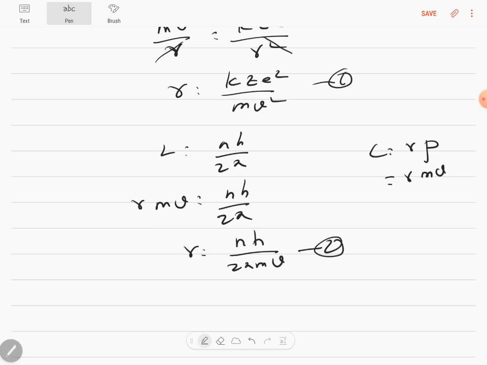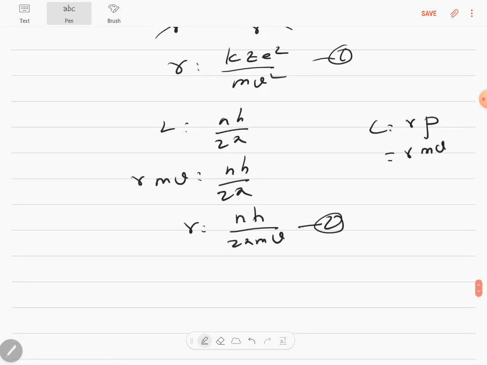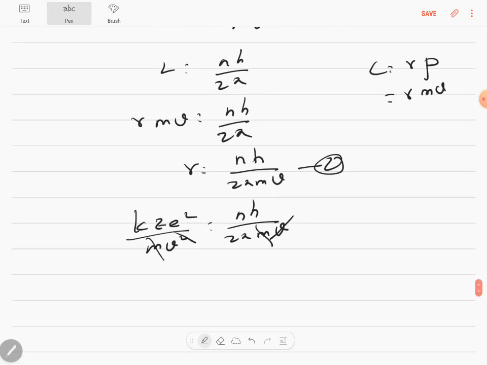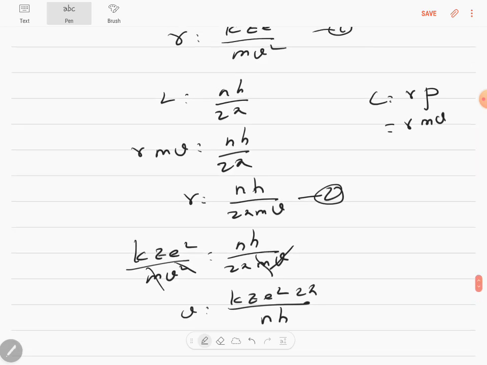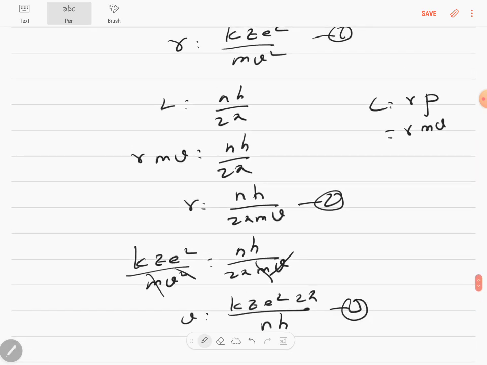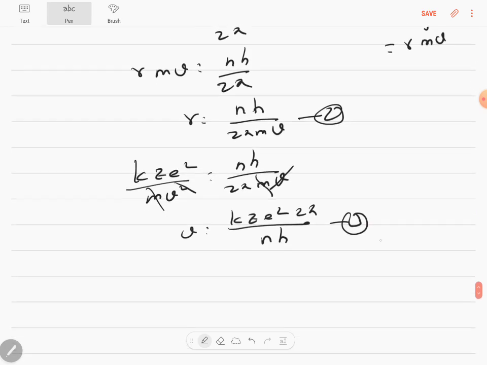First equate the first and the second, because both of them are r. So k z e square by mv square is equal to nh by 2 pi mv, where v and v get cancelled, and m and m also get cancelled. From this you can write what is v. Cross multiplying, v will be k z e square into 2 pi by nh. This is your third equation. Once you get the third, substitute that in the second.